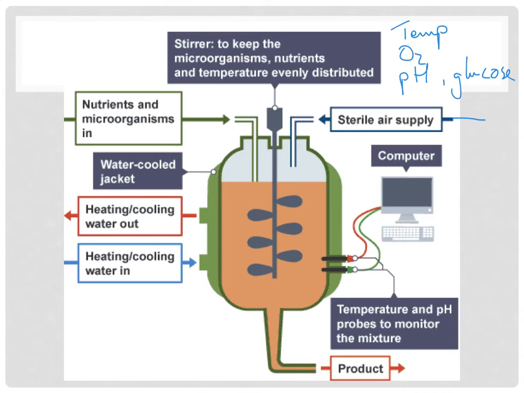The temperature and the pH would be monitored by probes that are connected to a computer, and that would adjust the temperature as required. So you would have a jacket that would allow cooling water in if it was too warm, or you would allow heated water in if it was getting too cold, or vice versa.